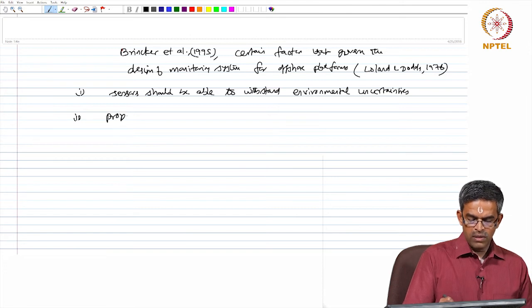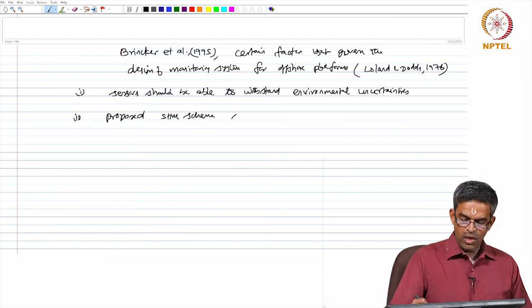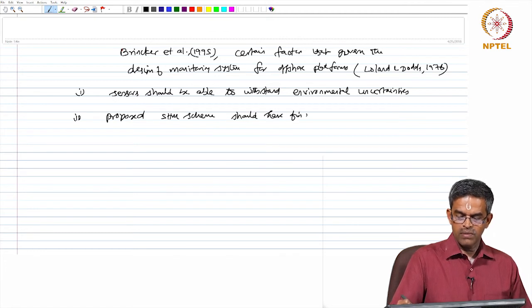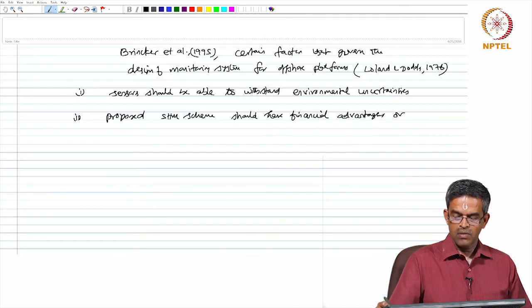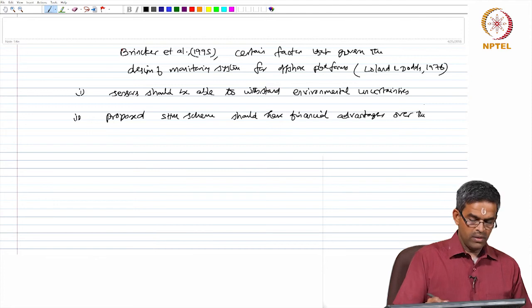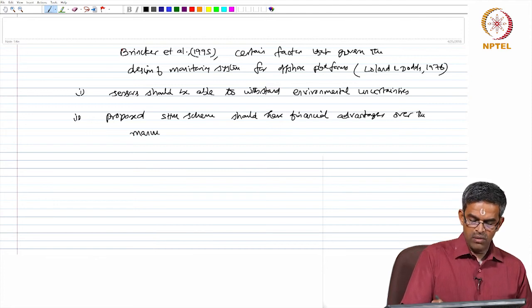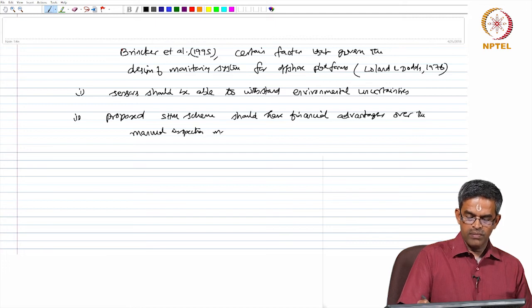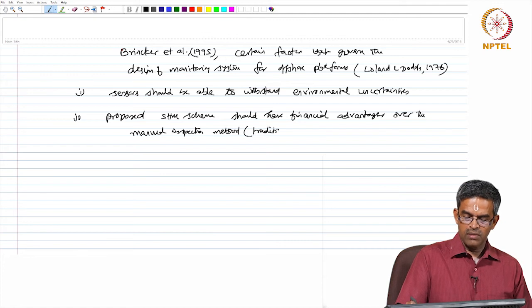The proposed SHM scheme, that is structural health monitoring scheme, should have financial advantages over the manual inspection method, which is more or less traditional.